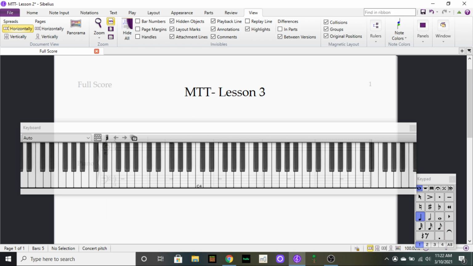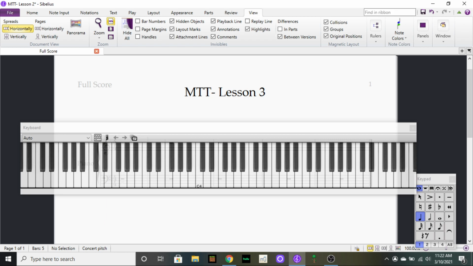These show where they are on the keyboard. There are 88 keys, and there are numbers beside them just to show which octave it is on the keyboard.